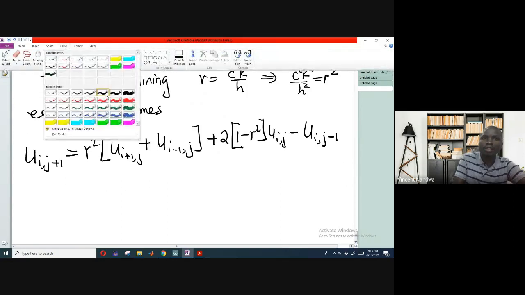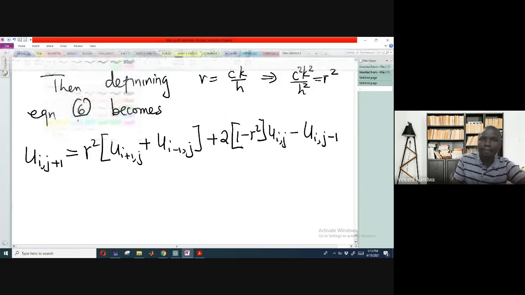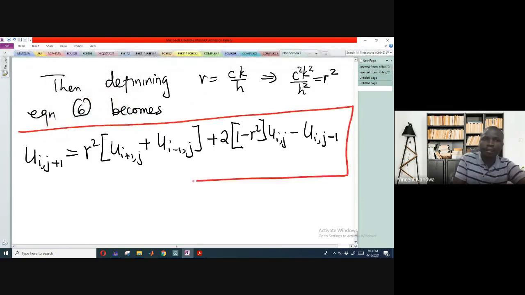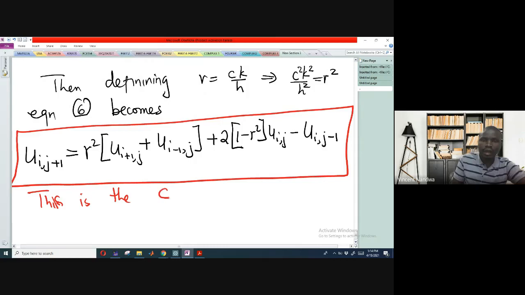So this is the Crank-Nicholson scheme for solving that partial differential equation.